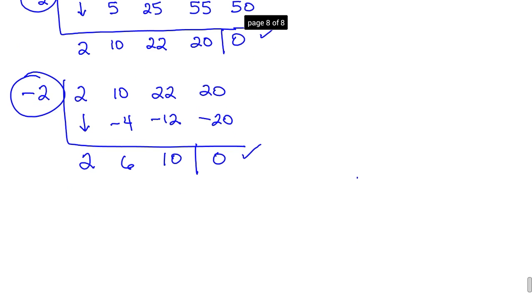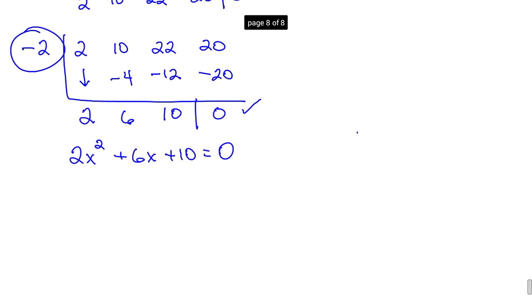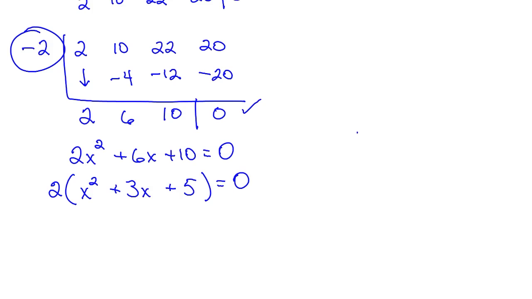That leaves us with the quadratic. That is 2x squared plus 6x plus 10 equals 0. We need to solve this. The first thing that we can do is factor out a 2. And that leaves me with x squared plus 3x plus 5 equals 0. And so now we're just dealing with solving this quadratic.